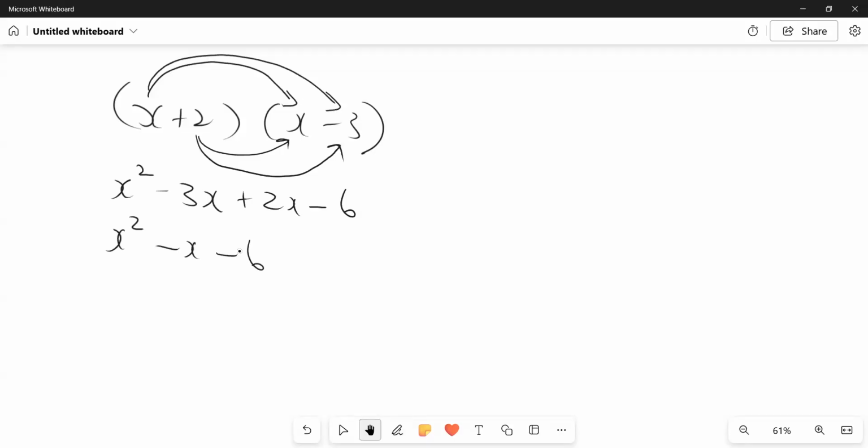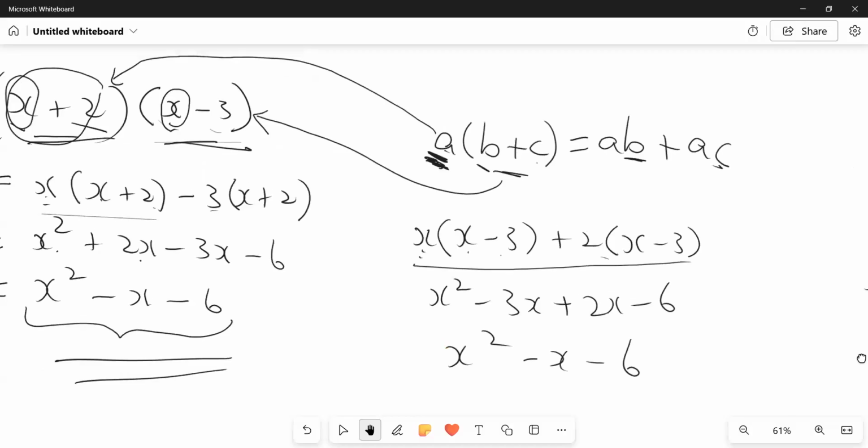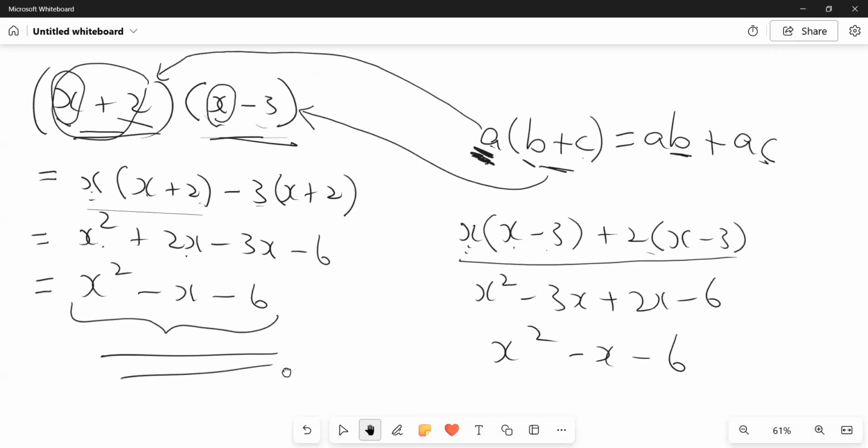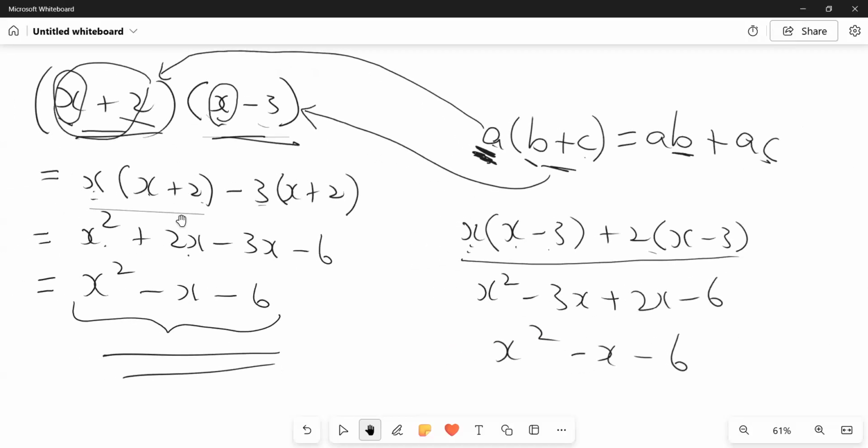Yeah. Well, these are just shortcuts. I wanted you to see the distributive law at work. And that's why I was going with this here, right? I wanted you to see the distributive law at work. Either you do it this way or this way. In both cases, you are applying the distributive law, right?